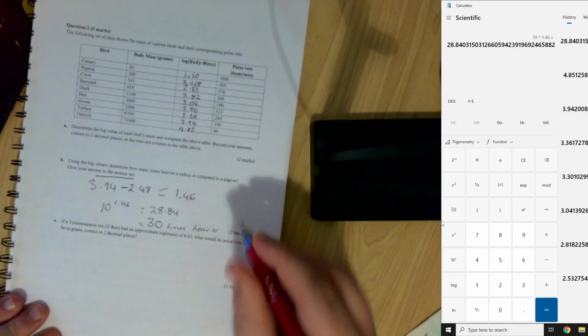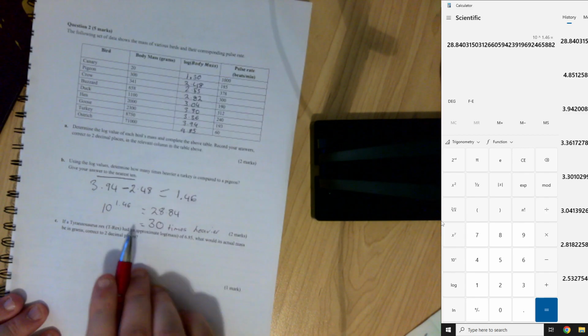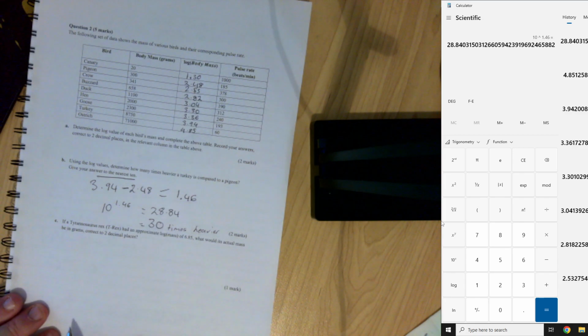I'm assuming 1 mark is for solving the difference here, and 1 for this and 1 for rounding.